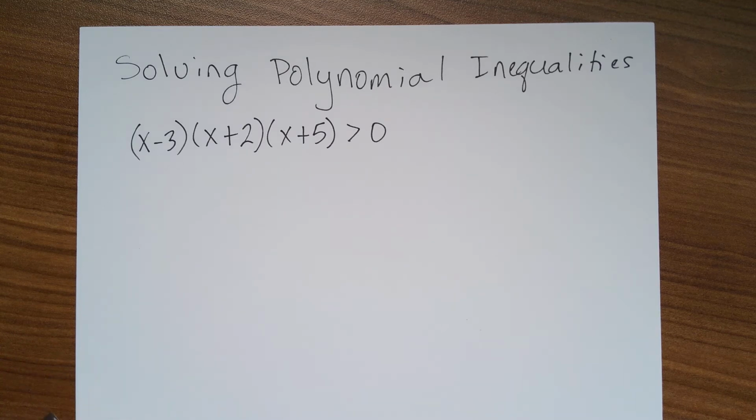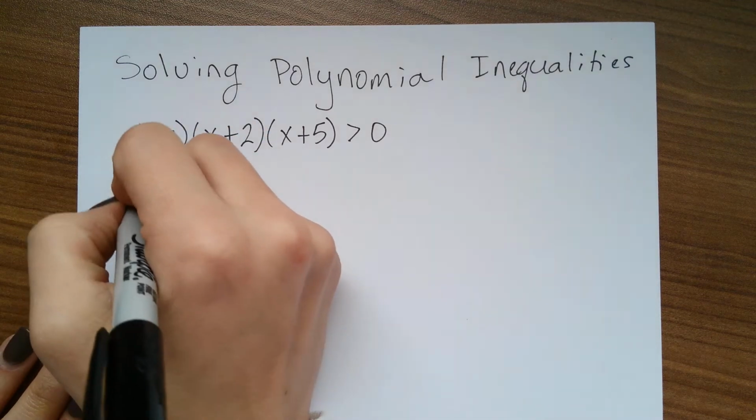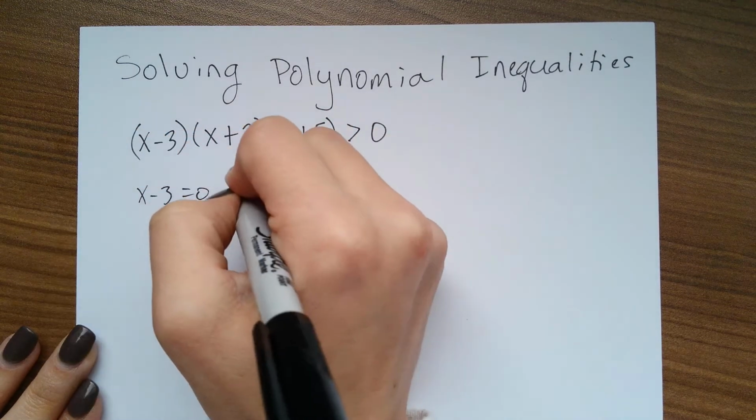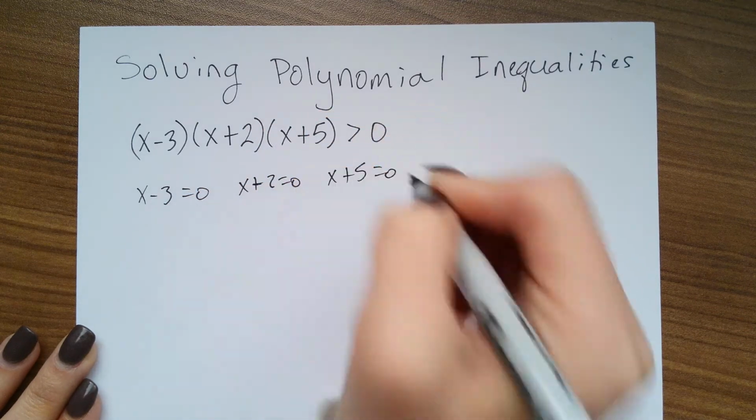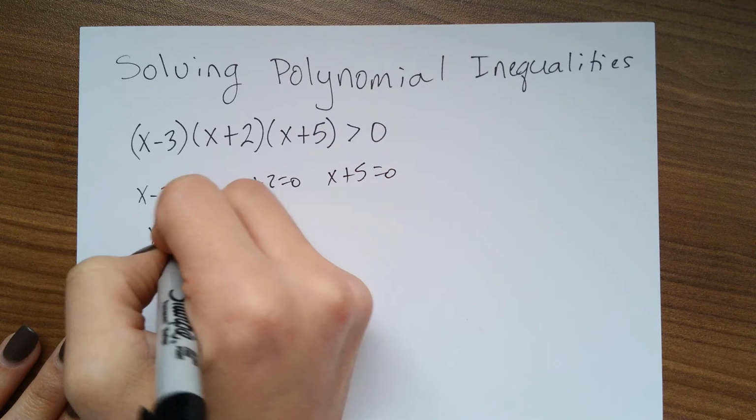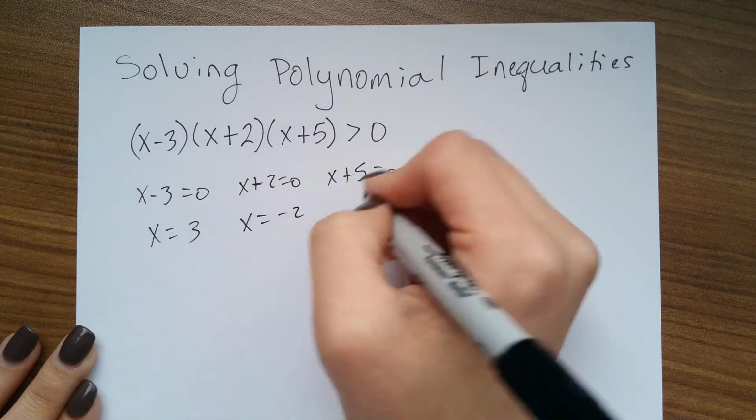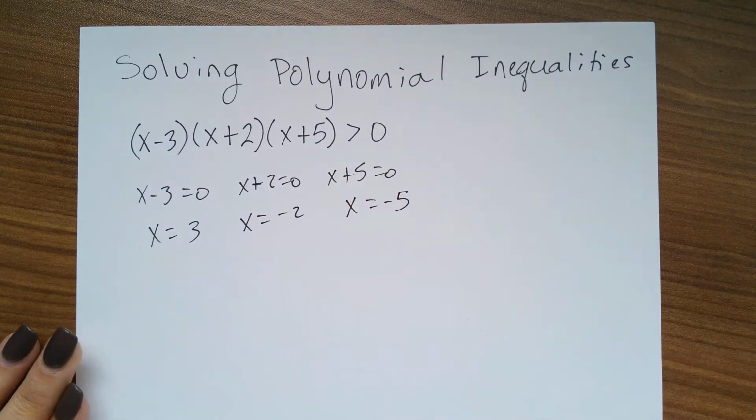So now I'm just going to take each of the factors, set it equal to 0, and this is what I'm going to use to set up my number line. So I have x minus 3 equals 0, x plus 2 equals 0, and x plus 5 equals 0. And so I have x is equal to 3, x is equal to negative 2, and x is equal to negative 5.